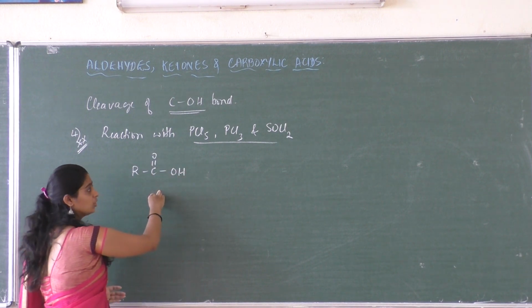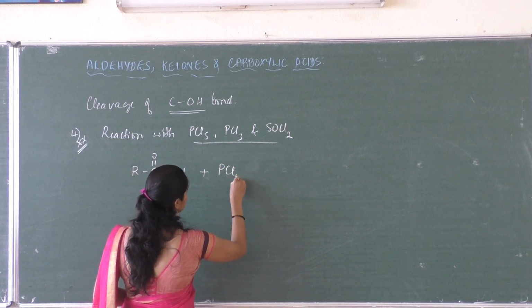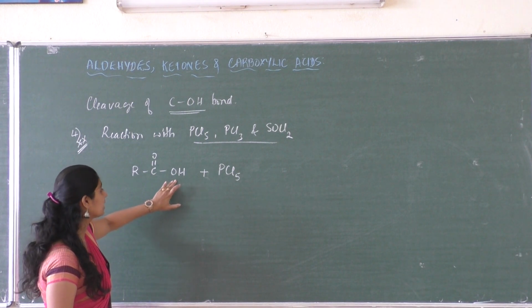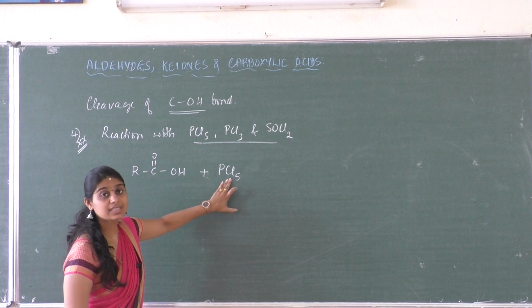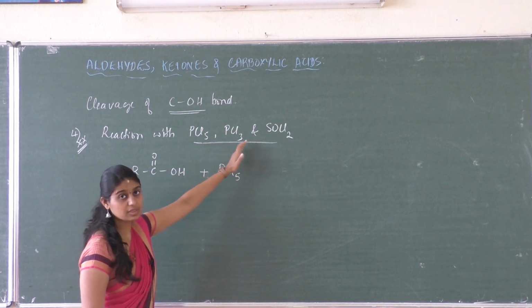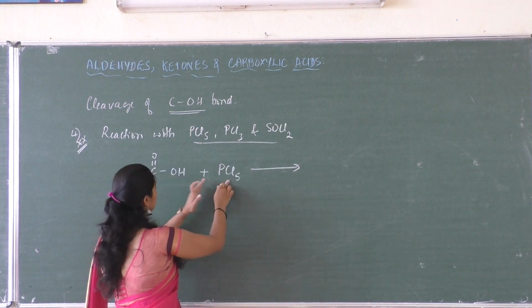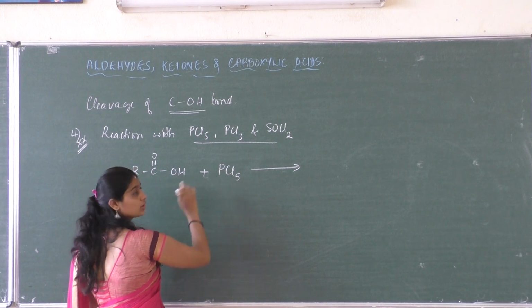So this is carboxylic acid when it is made to react with PCl5. So the OH group gets replaced by a chlorine atom so as to form acyl chloride as the final product. So in each case the same thing happens. Remove OH, and instead you replace it with a chlorine atom.